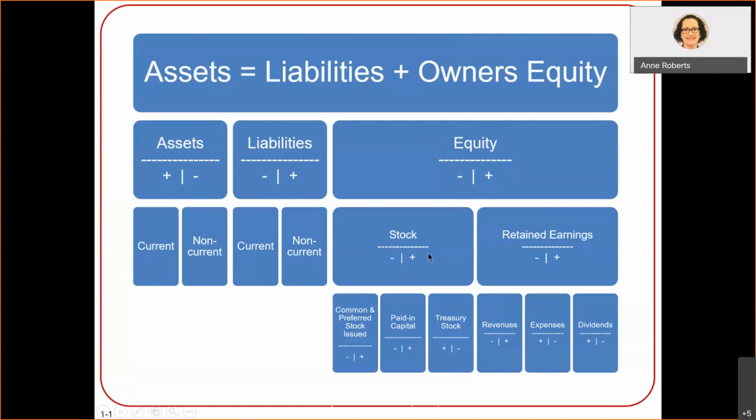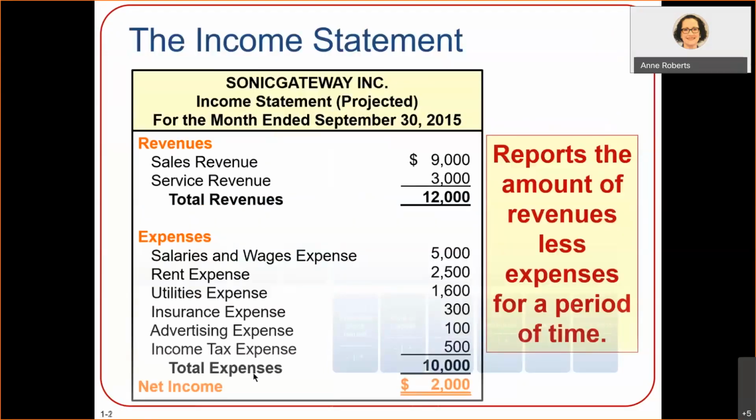When we got to chapter 3, we added this whole concept of retained earnings, revenues, expenses, and dividends. Now, stop and think about how all this plays together. We start with the income statement: revenues minus expenses equals net income.